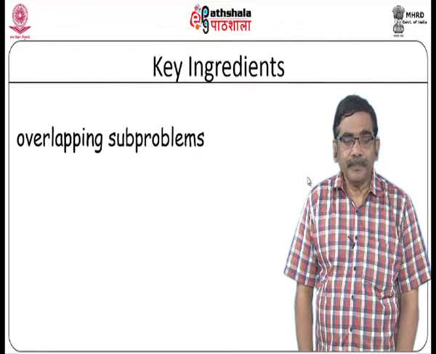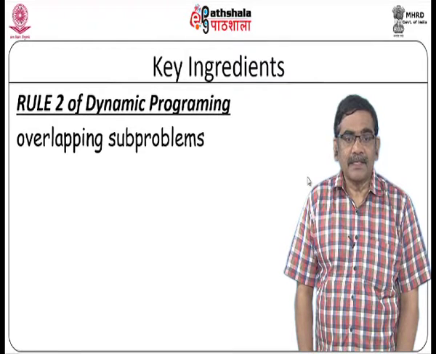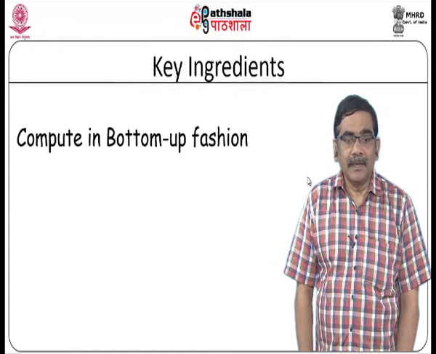Then all the problems that are involved are overlapping problems. These are not independent as in the divide and conquer strategy. Then we have seen that the popular methodology is computation in bottom up fashion.